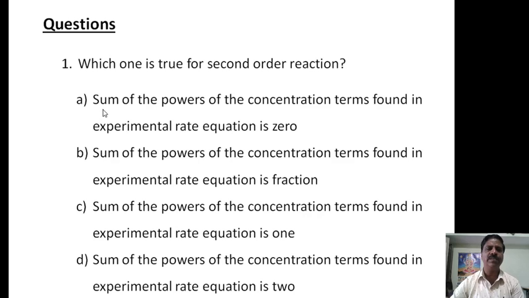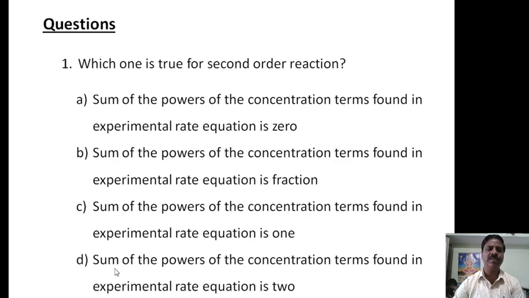Now the first option is: sum of the powers of the concentration terms found in experimental rate equation is 0. Second option: sum of the powers of the concentration terms found in experimental rate equation is a fraction. Third, option C: sum of the powers of the concentration terms found in experimental rate equation is 1.